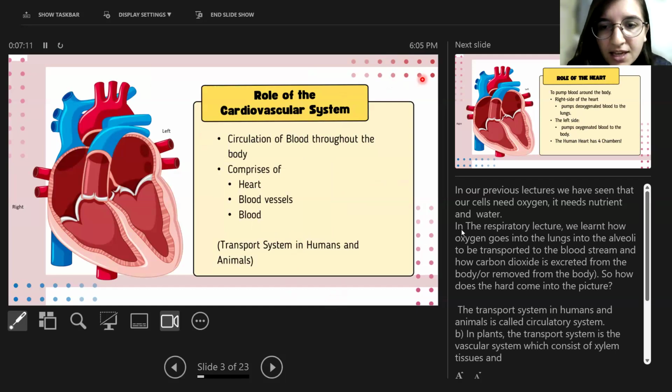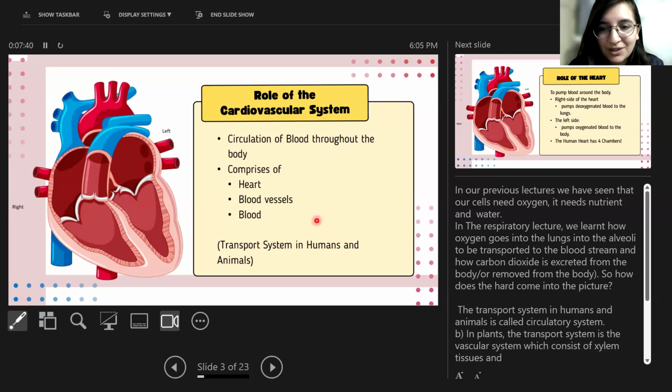In the respiratory lecture, we also learned that oxygen goes into the lungs, into the alveoli, to be transported to the bloodstream, so that the bloodstream can transport it to the rest of the body. And we also learned how carbon dioxide is removed from the body by the blood carrying it back to the lungs. So how does this connect with that?